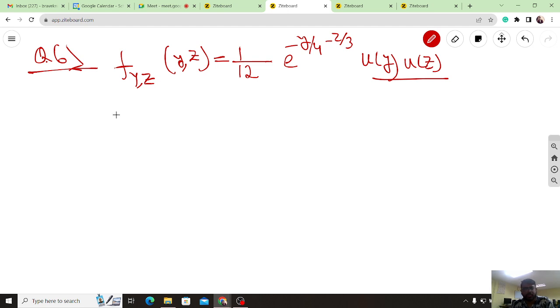So we had to find out the probability of the event: y from 0 to infinite and z less than equal to -2.